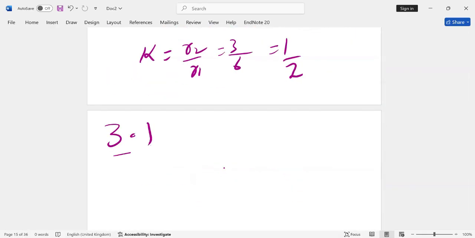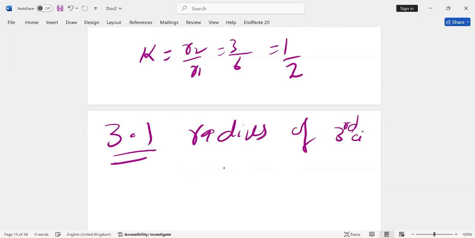Now, let's solve question number 3.1. Write down the radius of the third circle. We have to calculate the radius of the third circle. The radius of the nth circle, Rn, is half of the radius of the (n minus 1)th circle.